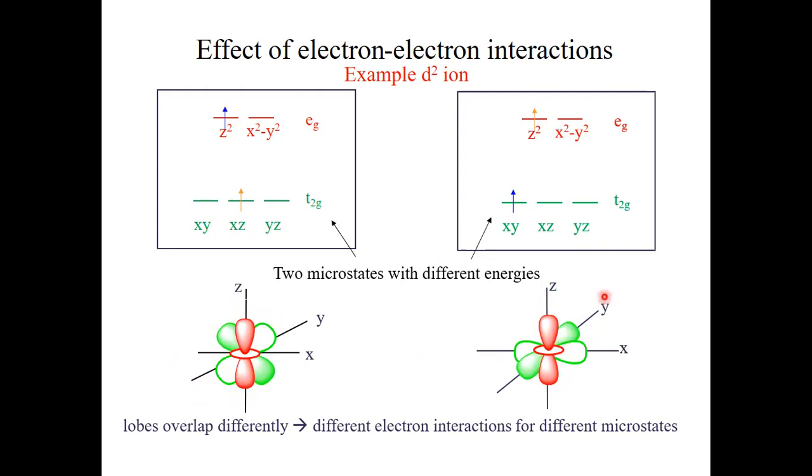You now see that, just because of geometric arguments, one would not assume the same kind of electron-electron repulsion for this case in comparison to that case, and thereby we would understand why these two different microstates belonging to the same state actually have different energies. Now that is a fairly qualitative explanation.